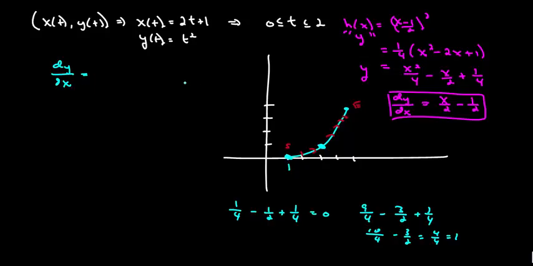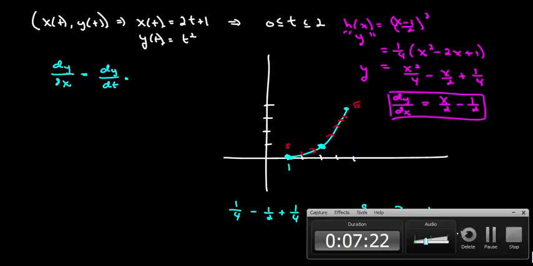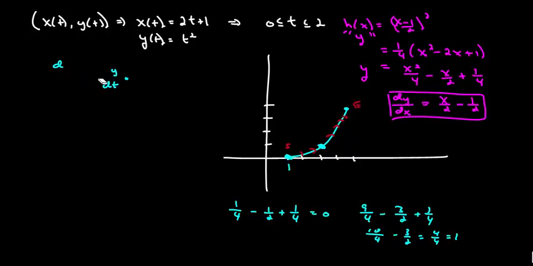Well, dy dx should be equal to, by the chain rule, dy dt times, hang on one second, let me just think about this. Yeah, I wrote that down wrong. Let's just erase this.